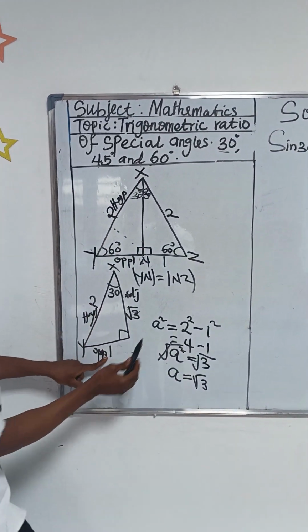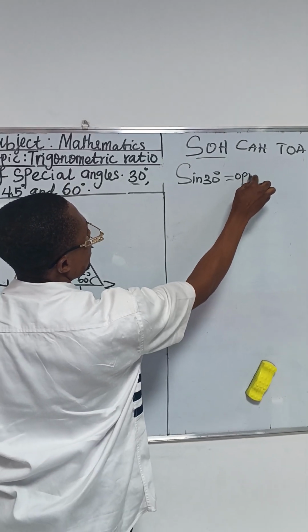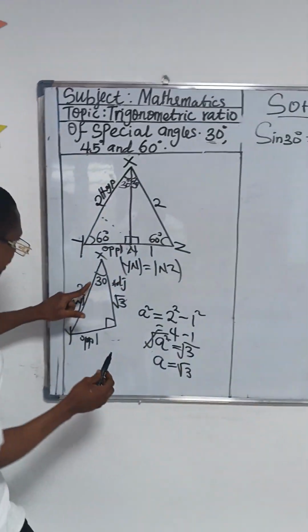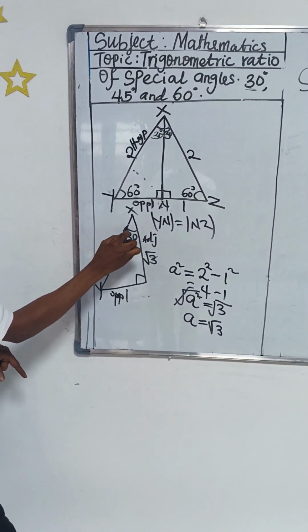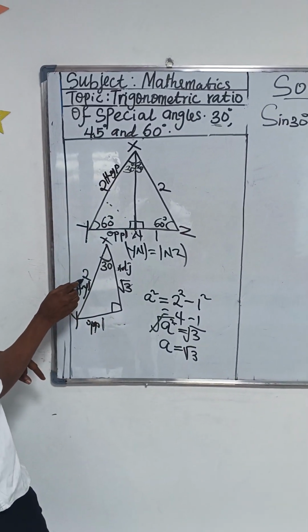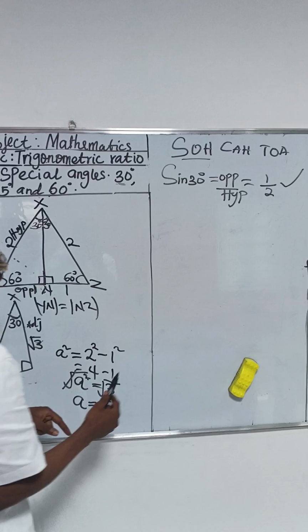Remember, this is opposite. Sine 30 degrees, according to the list, is opposite over hypotenuse. Where is the opposite? It is your 1, because this 1 is my opposite. Where is my hypotenuse? Is already here, you have 2. That means sine 30 is 1 over 2.